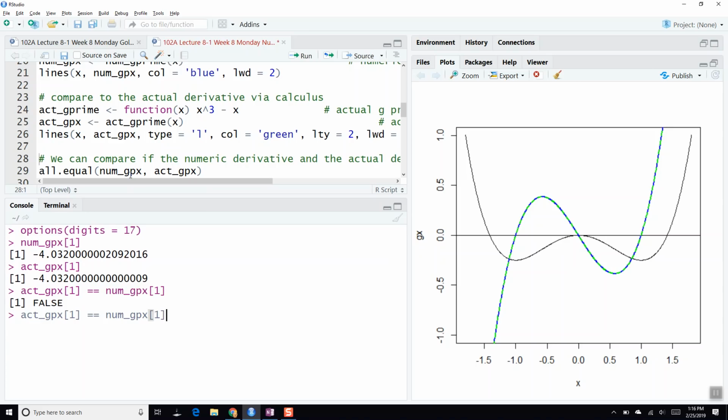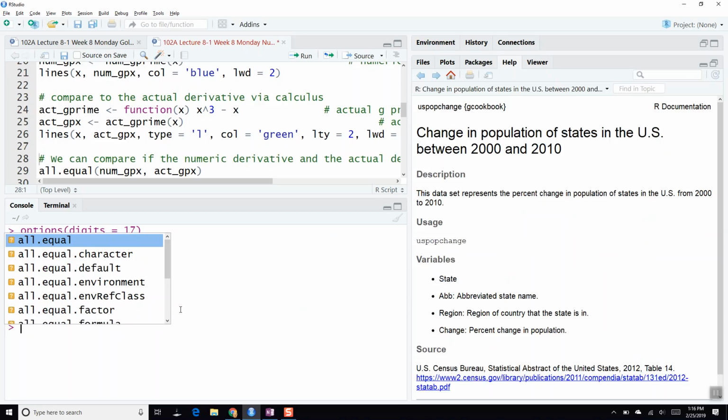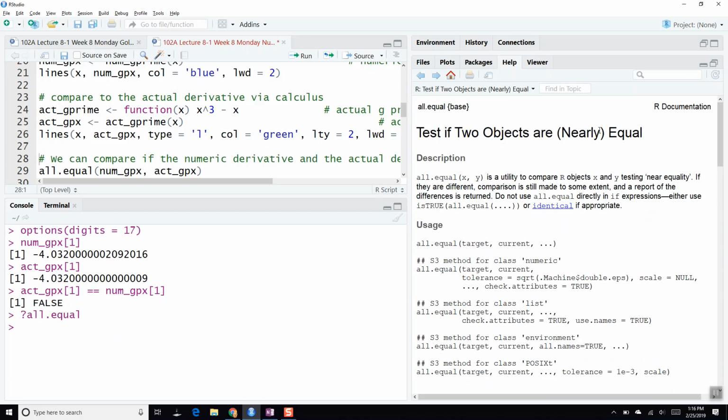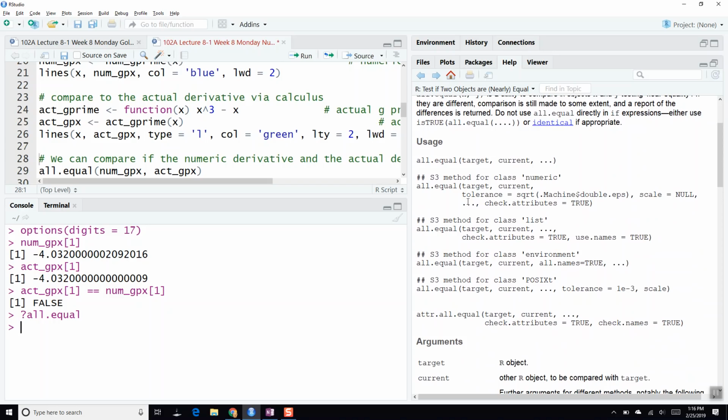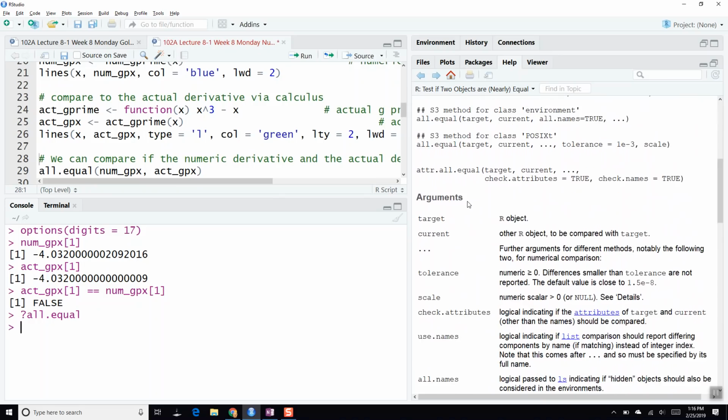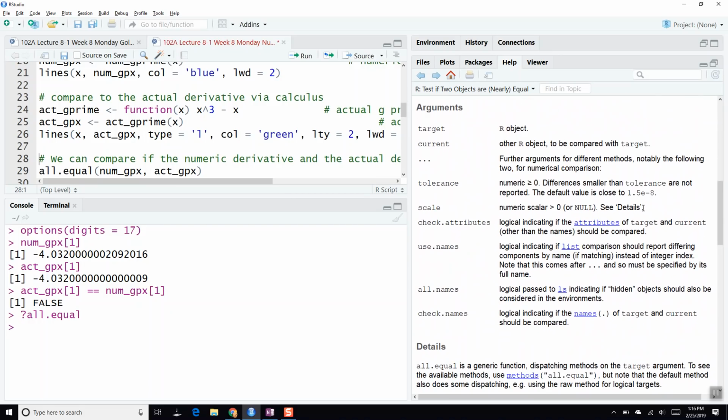But what all.equal asks is, are these two values nearly equal? Okay, are these two objects nearly equal? And it comes with a default tolerance level. So you just give it two values, and the default tolerance is around 1.5 times 10 to the negative 8.